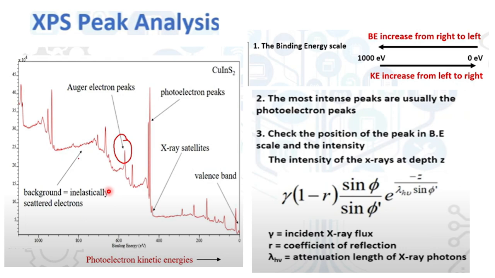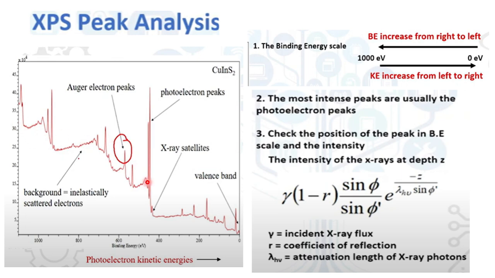There are also other physical phenomena that can happen, like Auger electron ejection, or extra satellite peaks, or sometimes valence band electrons can be ejected. Obviously since the valence band is far from the nucleus, it must have a very low binding energy, around 20 or 10 electron volt.